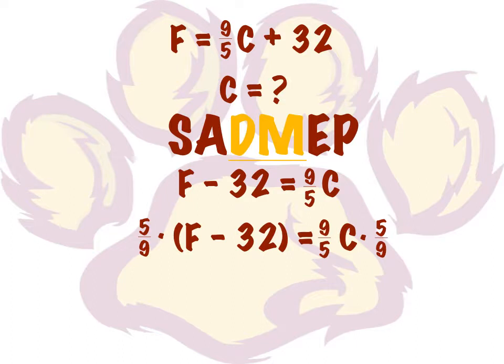The other important thing to note on this step is in this case, since we already subtracted the 32 to start with, when we multiply by that 5/9, both parts on the left side have to be multiplied by that fraction. And you'll see the way to show this in math that they use a lot is making use of the parentheses. So that means when we move that 5/9 over, it would have to get distributed to both the F and the minus 32.